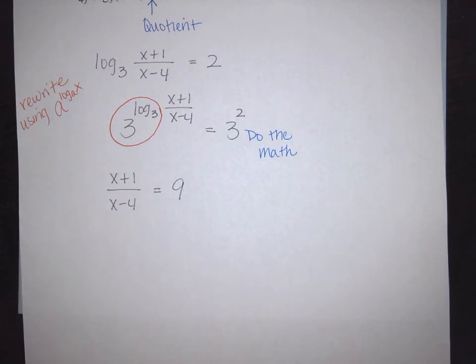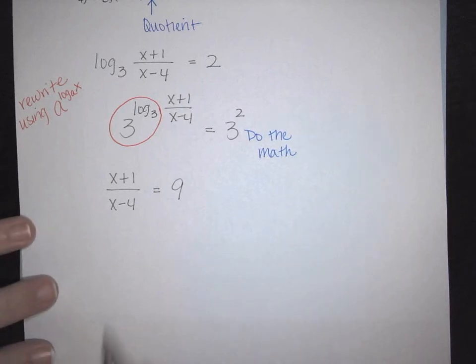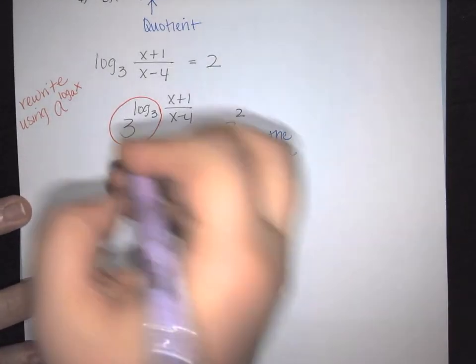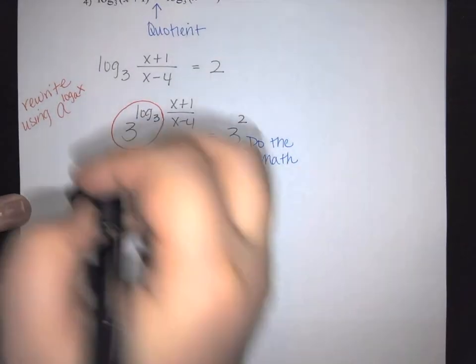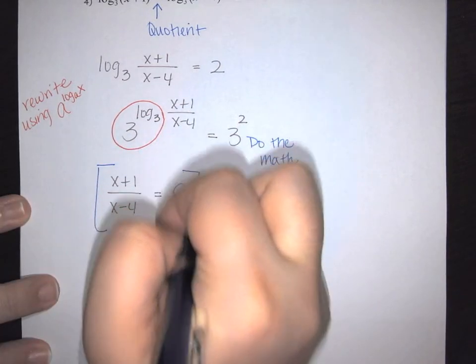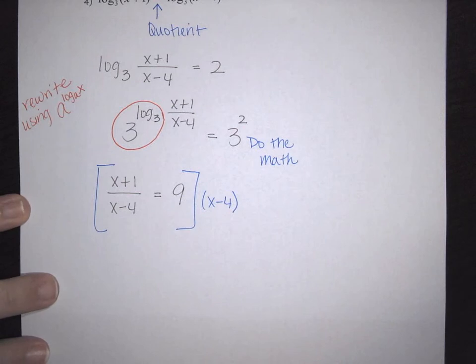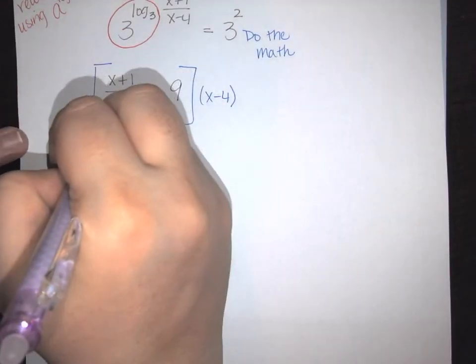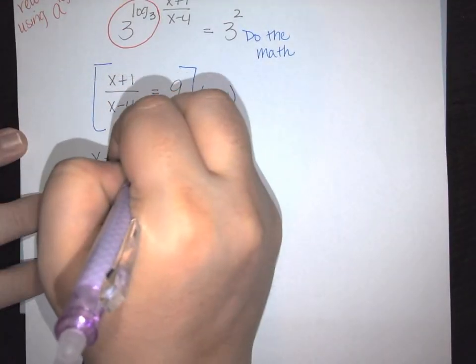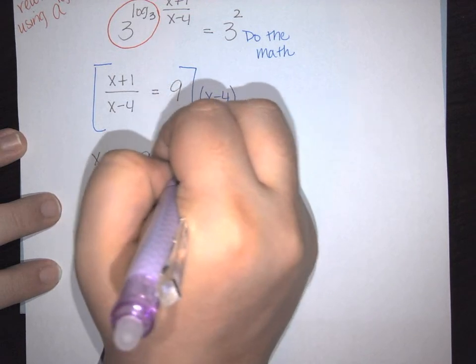Now with that, I have to solve. I'm not quite done because I have to get x by itself. So I'm going to multiply this entire thing by the x minus 4. That's going to give me x plus 1 is equal to 9 times (x minus 4).